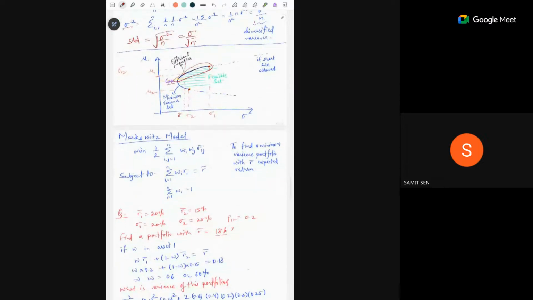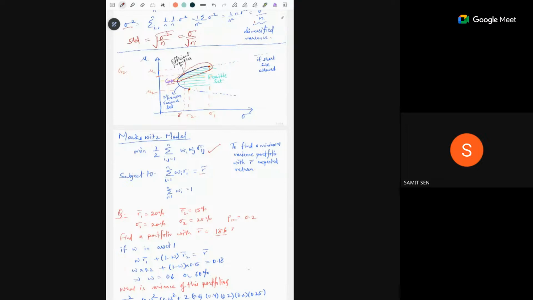We come to this by the Markowitz model. The Markowitz model is nothing but a minimization problem, where we minimize the portfolio variance subject to given conditions on the returns. There will be two conditions. One is that the expected return should be given, if we are given some portfolio return which we want to achieve.